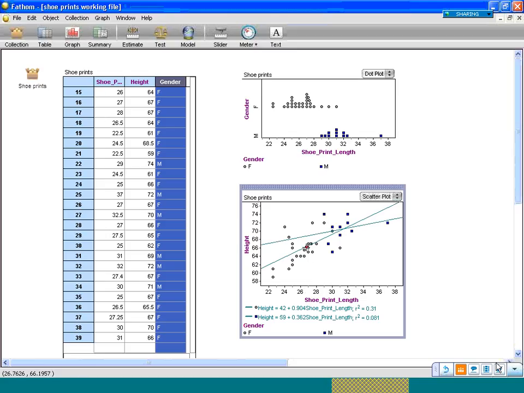And in that case, would you just use the female line? Yes. And what if I told you that the suspect's shoe print length was something higher, like 34 centimeters? Oh, yeah. And you could just use the male line? Mm-hmm.